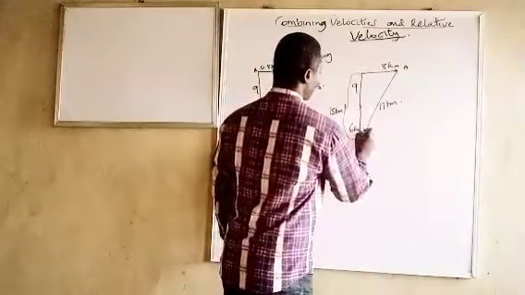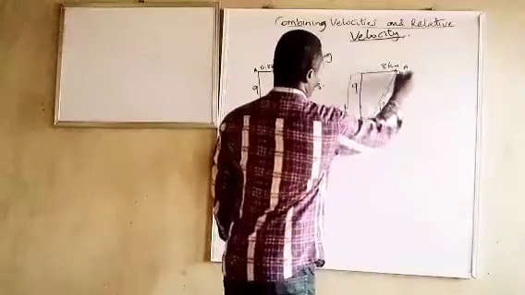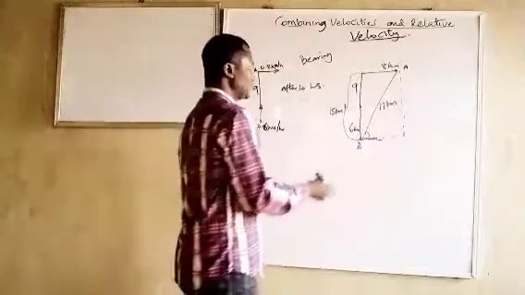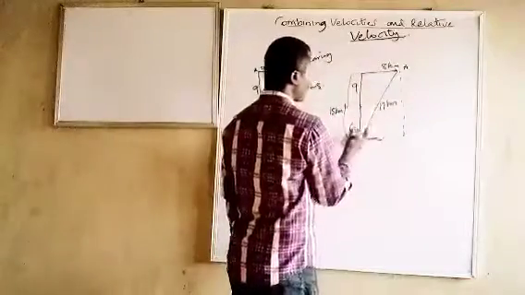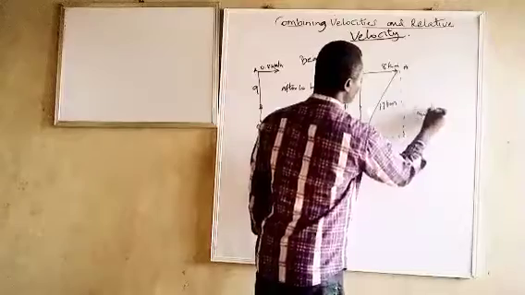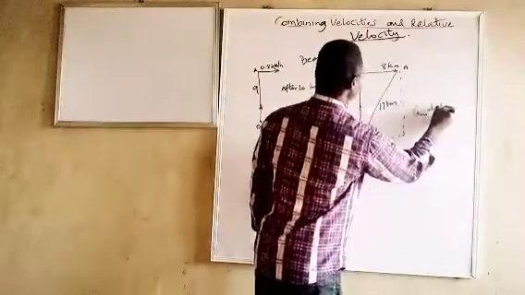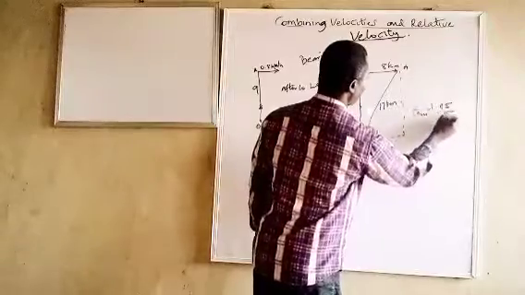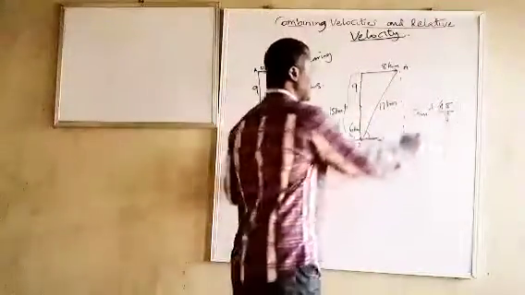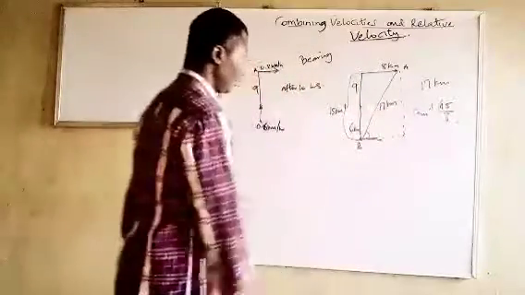Now, the direction will be this. The direction is going to be tan inverse of 15 over 8. So A from B is 17 kilometers in the direction of tan inverse 15 over 8. That is it.